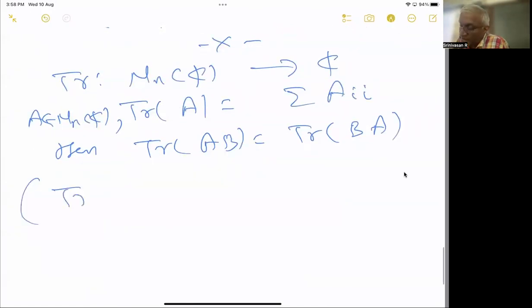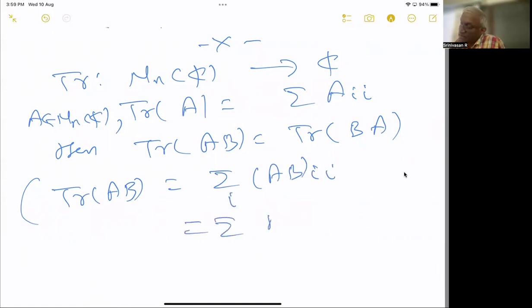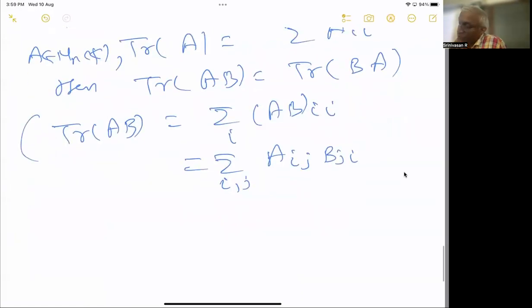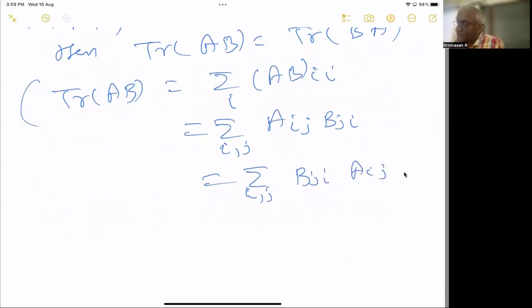Trace of AB equals the summation of (AB)_ii, which is equal to the summation over i and j of A_ij B_ji. They are just commutative numbers, the matrix entries.